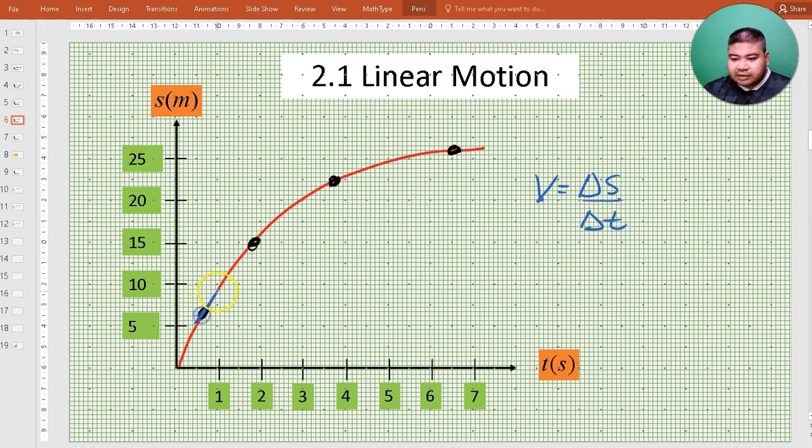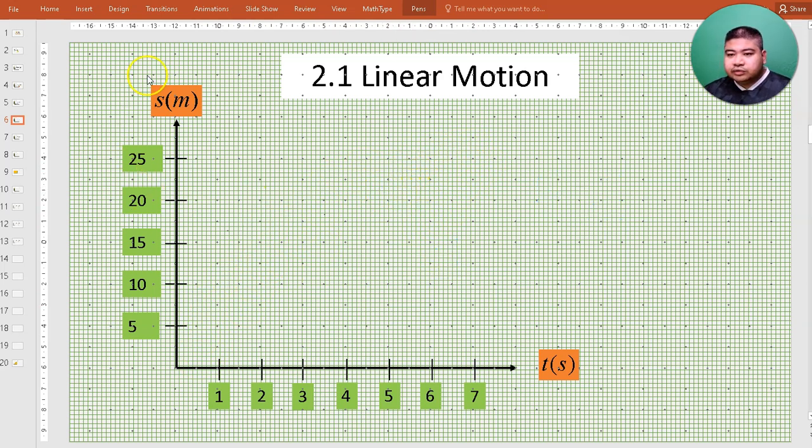We have quite a large gradient here, then the gradient starts to decrease, and finally the gradient goes to 0. So we no longer have a gradient at the top of the graph. If you have a graph that looks like this, your velocity is decreasing. Because the gradient is decreasing, the graph is telling you that the velocity of the object is decreasing.